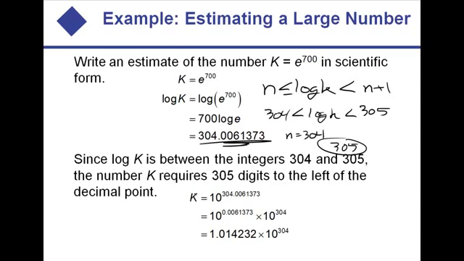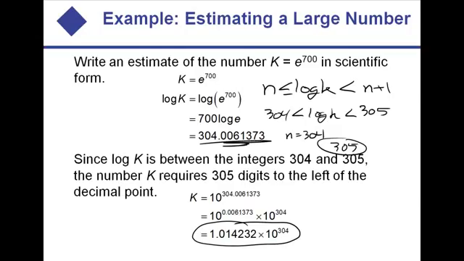So that's why we know that k is going to be at least 305 digits to the left. So 10 to that, really, really big, and there's our estimation for that number.